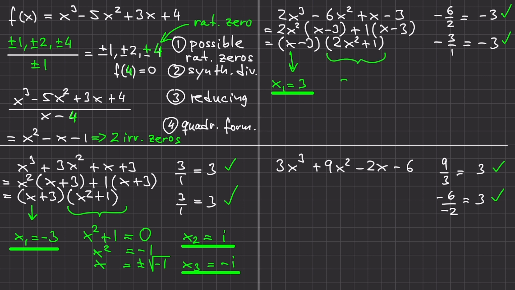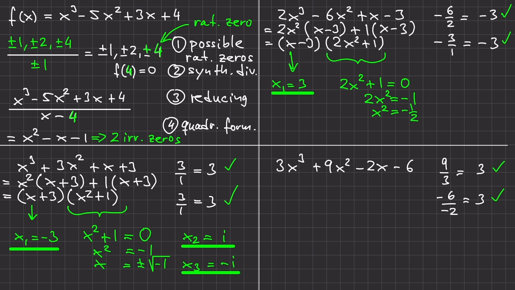So when does 2x squared plus 1 equal 0? After subtracting 1 from both sides, we get 2x squared equals -1. And after dividing by 2 on both sides, we get x squared equals -1/2.